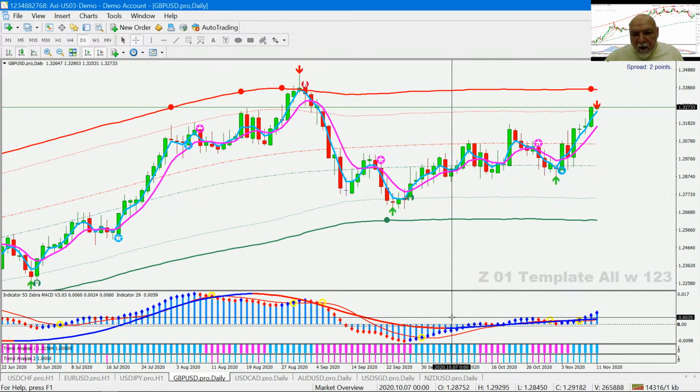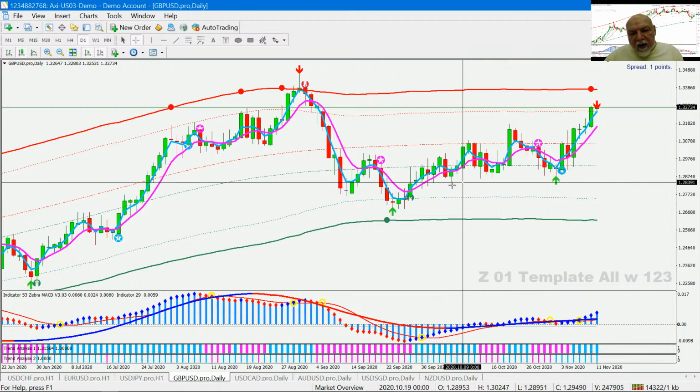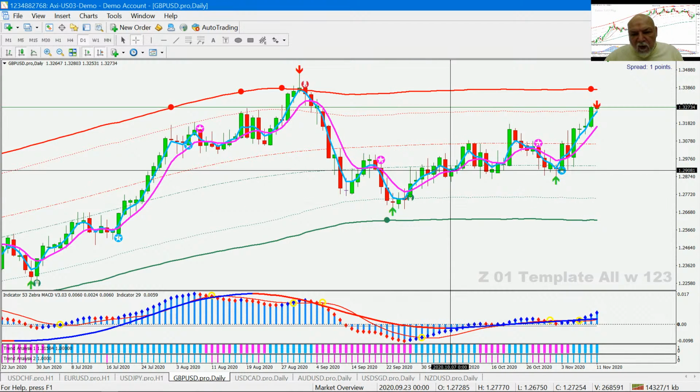The only thing that we had at that point was a MACD that was still below zero. It was going strong. So it takes time for price to move.